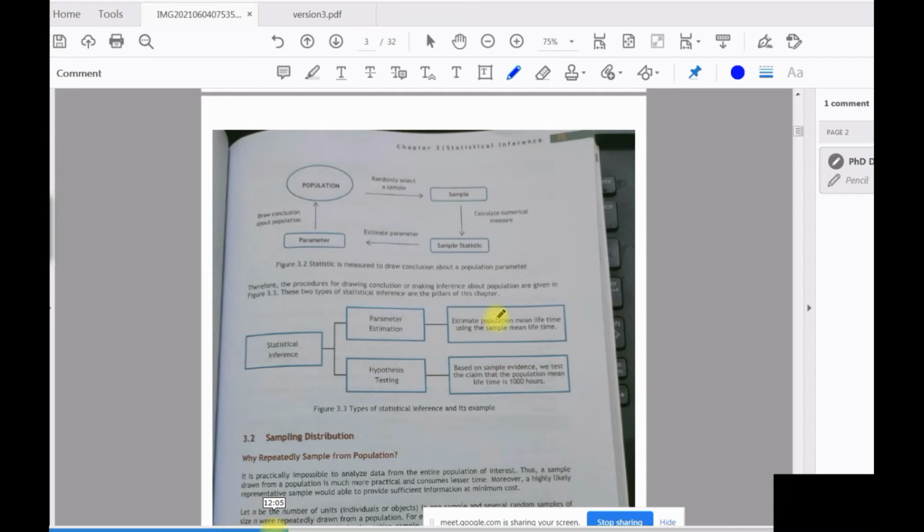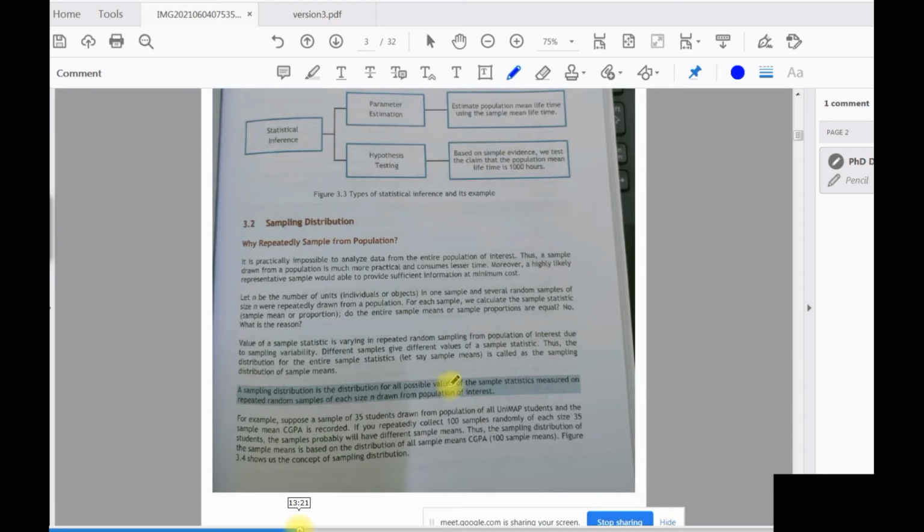So we have two types of statistical inference: parameter estimation and hypothesis testing. Hypothesis testing is based on the sample evidence; we test a claim that the population mean lifetime is 1,000 hours. And parameter estimation is estimating the population mean lifetime using the sample mean lifetime.